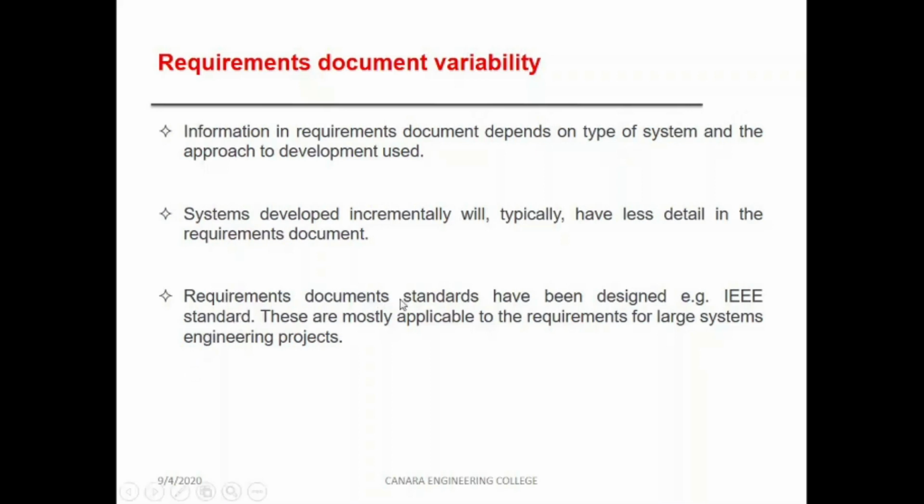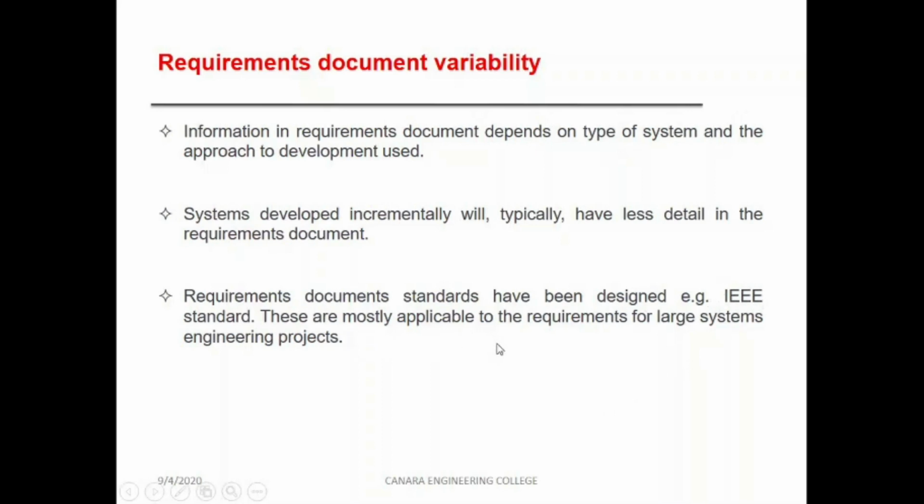Requirement document standards have been designed in IEEE standards. These are mostly applicable to the requirements for large systems engineering projects. So some standards have been given before developing software. The document should be in a particular format. Which is the particular format? They use IEEE standards.